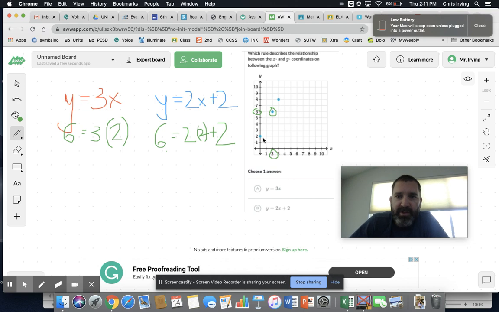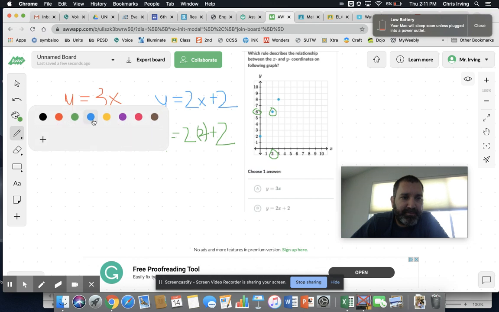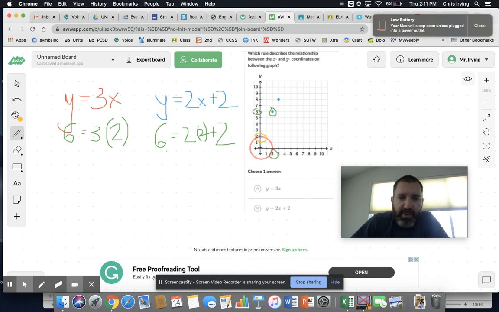So let's just try this. Let's try this one right here, this point. Let me switch colors. I'll switch to yellow. Okay, so we're looking at this point right here where x now equals 0 and y now equals 2. So if we go back to the equation here and we substitute 0 for x and we substitute 2 for y, we get an equation that looks like this.